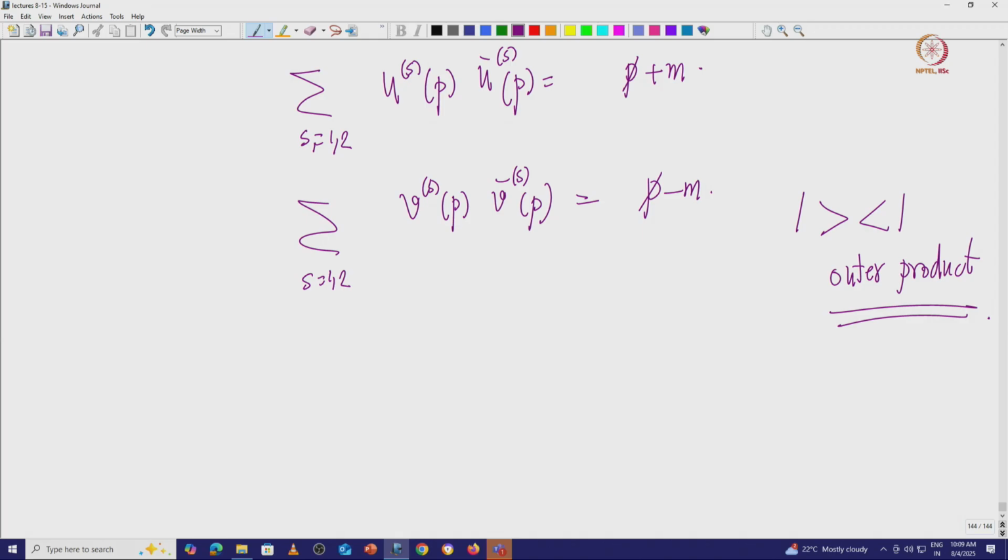Very good. So, we have seen the solutions of the Dirac equation. We have seen that the Dirac equation is covariant under Lorentz transformations. So, what we need to see is what kind of probability currents this theory allows you.